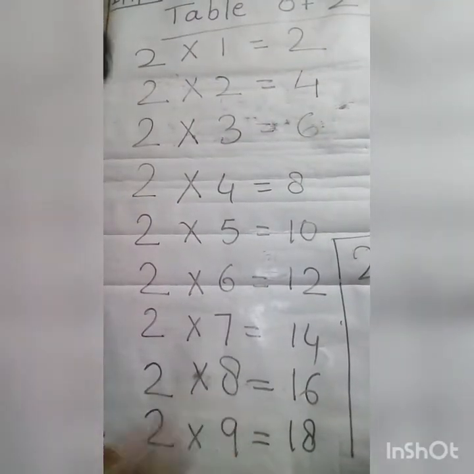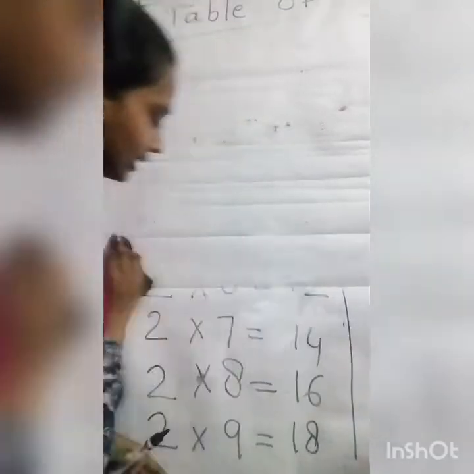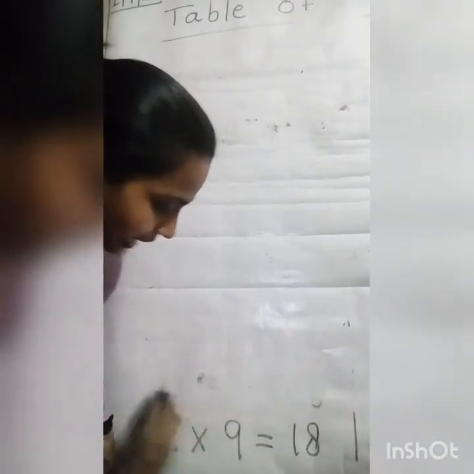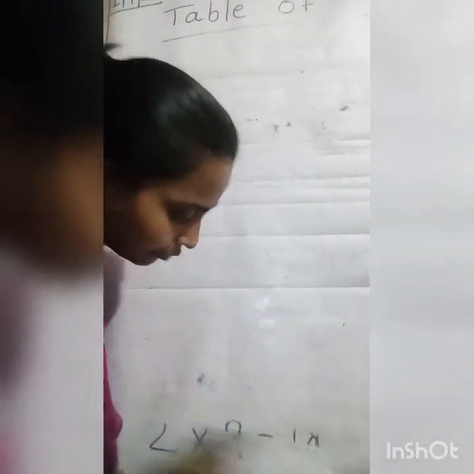Now children, I am writing the table of 3. Similarly, only in place of 2, I have to write the table of 3.